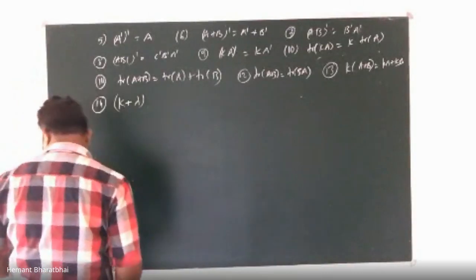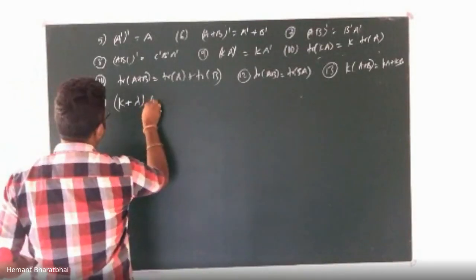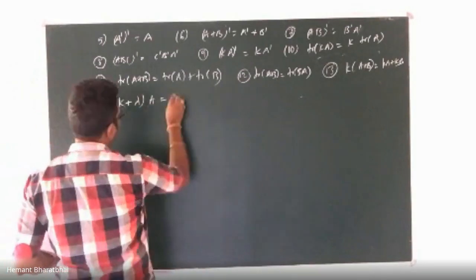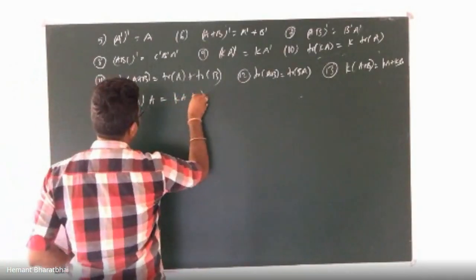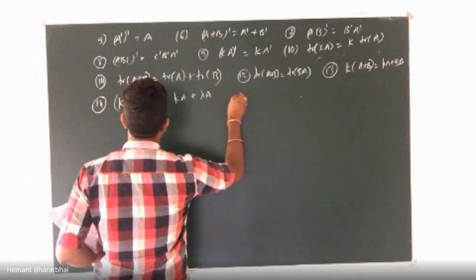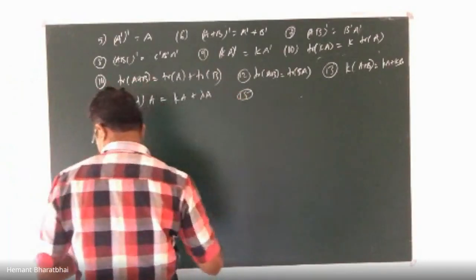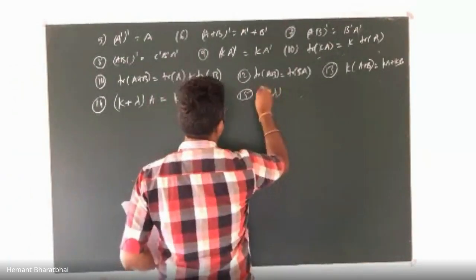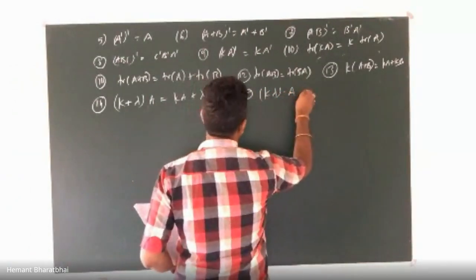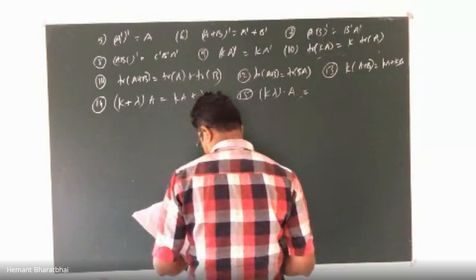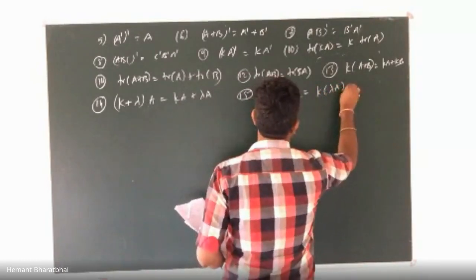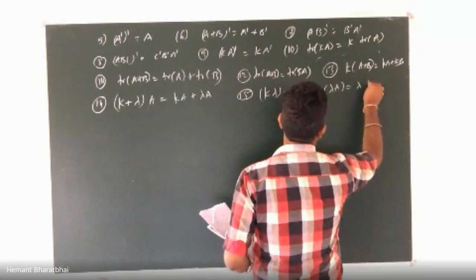Okay, one is K and one is lambda. Multiplied by matrix A will give me KA plus lambda A. And property number 16, K into lambda into A will be equal to K into lambda A will be equal to lambda into KA.